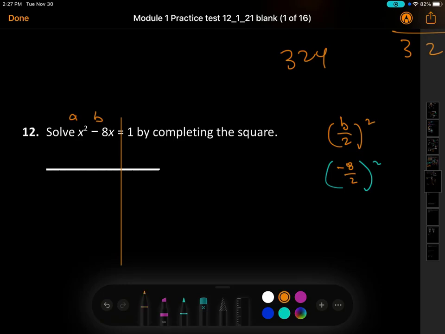Negative 4 squared, which is 16. Okay, so if c is 16, pay attention. On this part, I'm going to do plus 16 on this side and plus 16 on that side. Because what that does is it doesn't change the equation if both sides, I call the addition property of equality.